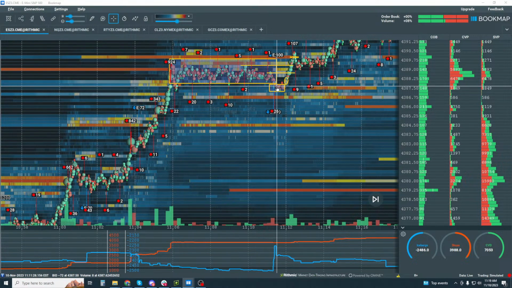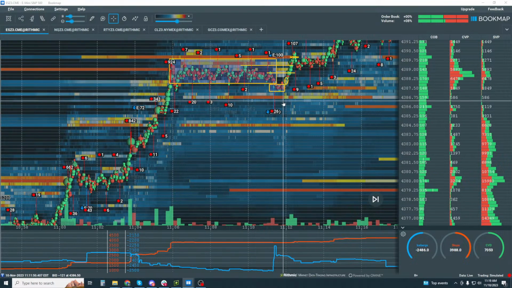If I'm looking for a shallow pullback, or a bit more pullback on a really strong move, then I would look at lowering the size and scaling into it.